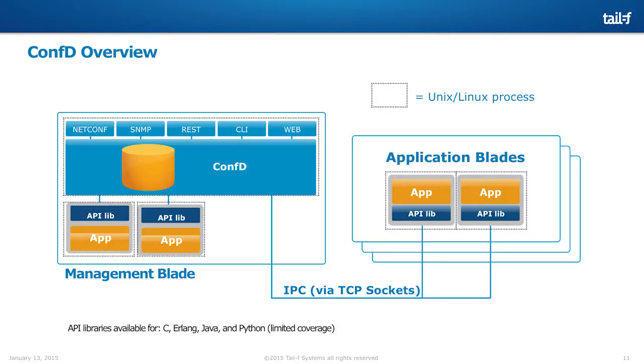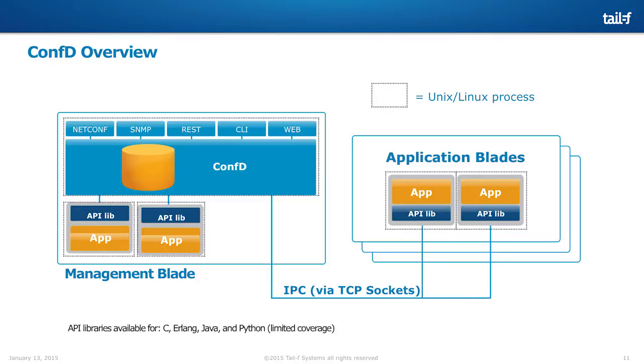So ConfD is running as an independent process. You aren't introducing code into that process. Instead, your application software is interacting with our API libraries, which will then make those client requests to the server daemon. Now, you'll see in these slides the applications and the API library.